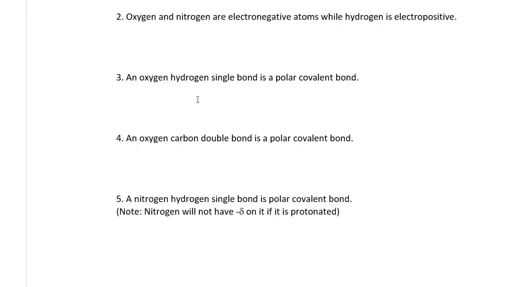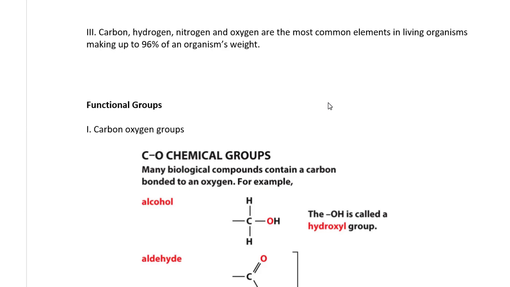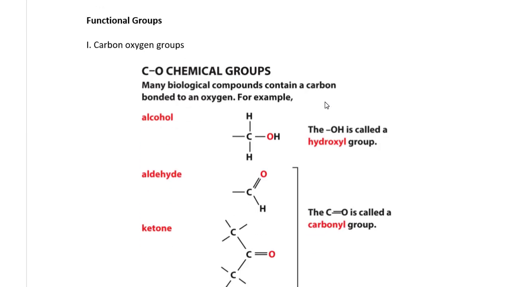An oxygen-carbon double bond is also a polar covalent bond, so when we're looking at something like this, there's going to be a partial negative here and a partial positive here. And we already covered the nitrogen-hydrogen single bond. So carbon, hydrogen, nitrogen, and oxygen are the most common elements in living organisms, making up to 96% of an organism's weight.